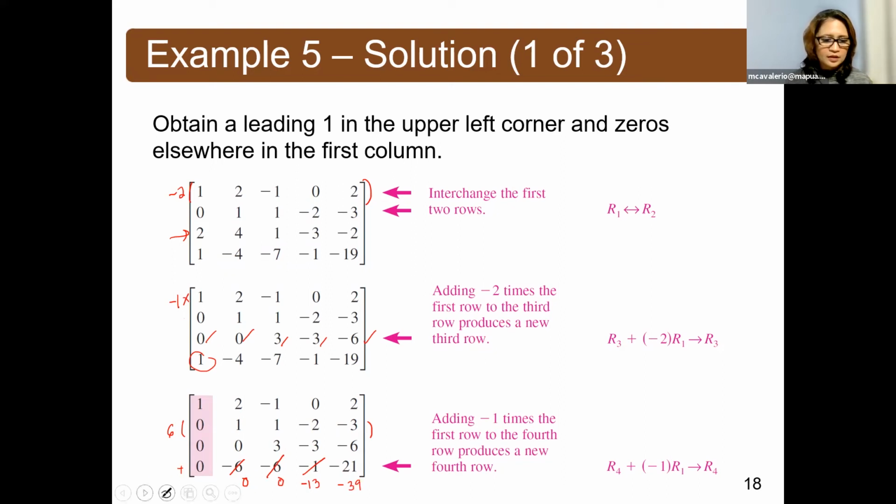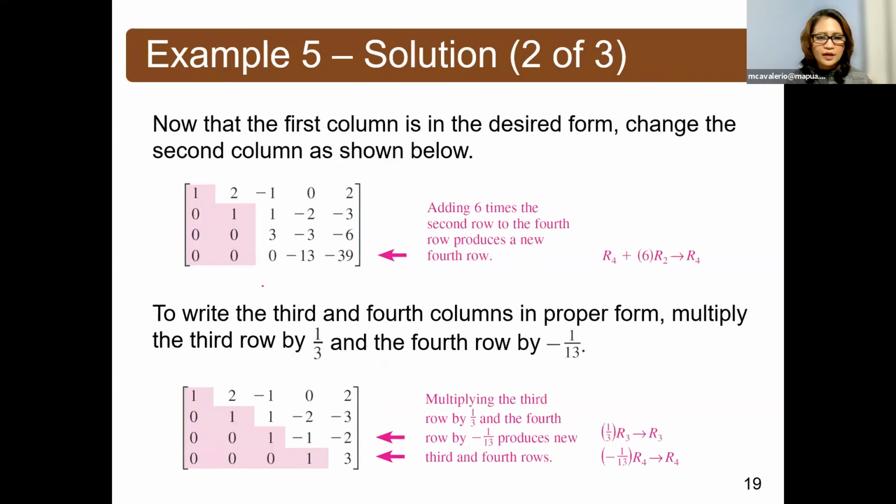Now let us see the next slide. So we have here 1, 0, 0, 0, and then we have 2. And then we have changed all the numbers below the next leading one to 0. For the third row, we have 3, negative 3, and negative 6. And for the fourth row, we have 0, negative 13, and negative 39.